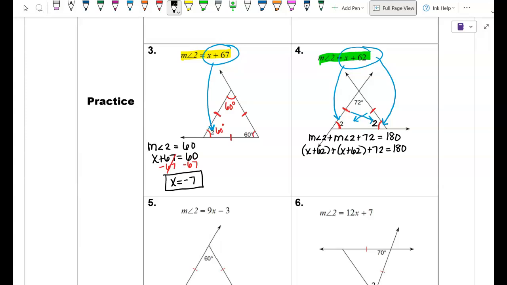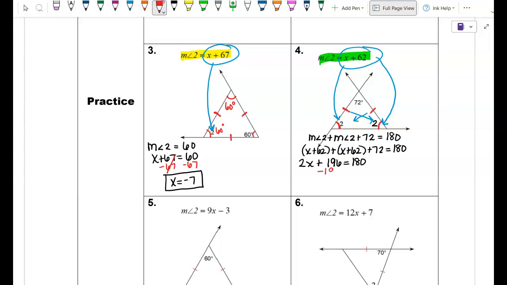Now I'm just down to problems like yesterday. I'm just solving equal to 180, so I'm combining like terms. x plus x gives me 2x. 62 plus 62 plus 72 gives me 196 equals 180. So I have 2x plus 196 equals 180.